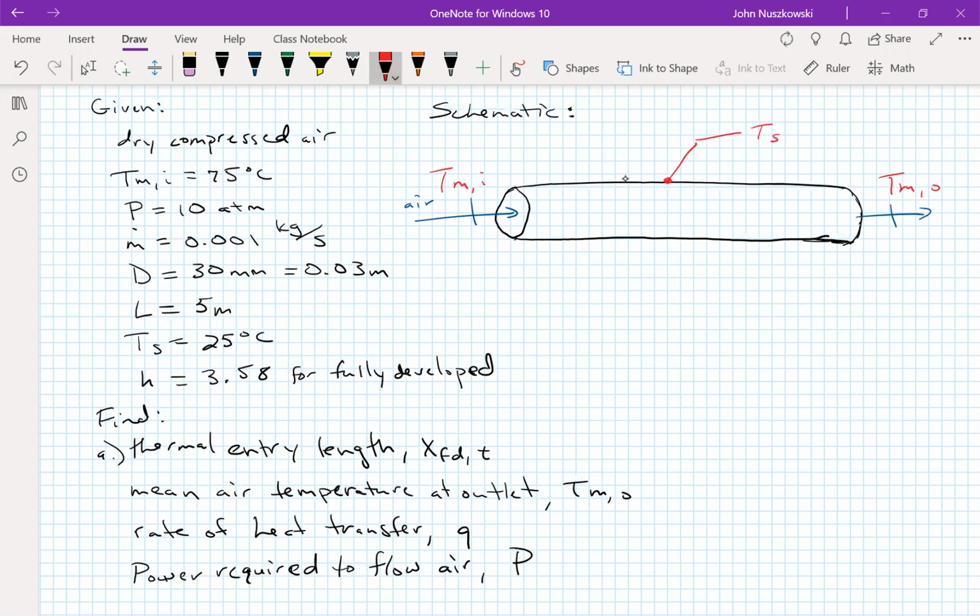We have surface temperature, and then we have some geometry here. The tube has some length to it, and a diameter.